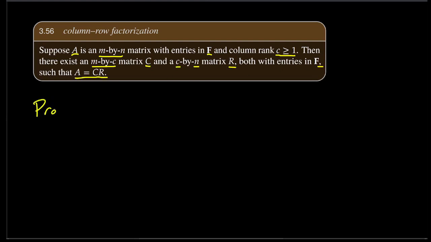All right, maybe this seems a little bit weird. It is a factorization result, notice. It's saying, hey, look, I can express A as a product. I'm factoring it, but it's actually not too crazy. Okay, so here's the idea.